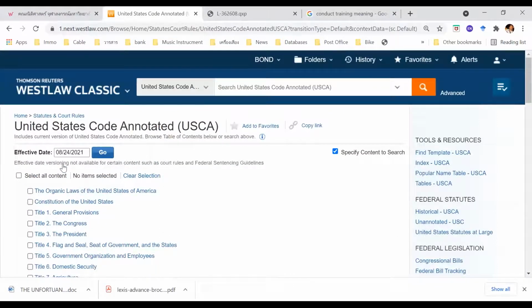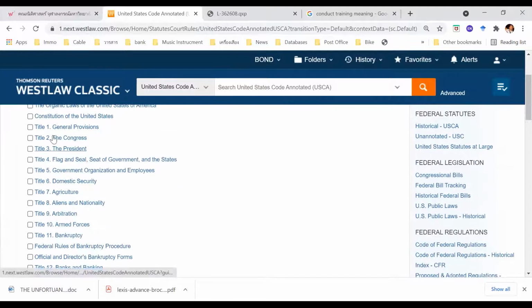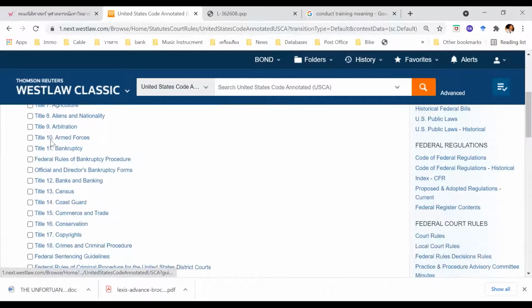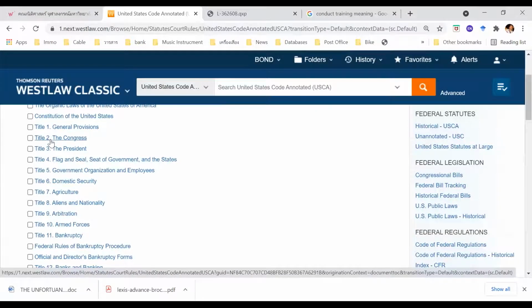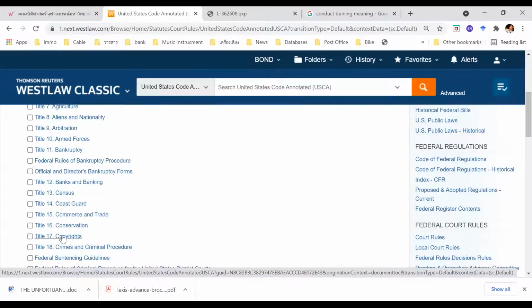United States Code, the same idea as when you open a book. First, after you open the cover, you get the table of contents. The United States Code divides into 50 titles. If you are looking for title 17 about copyright, just click copyright.